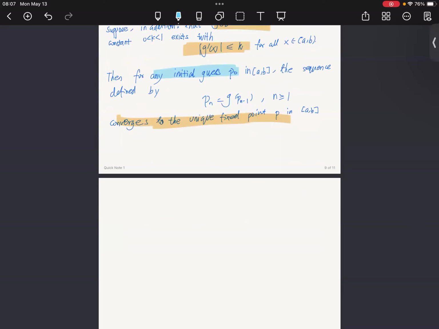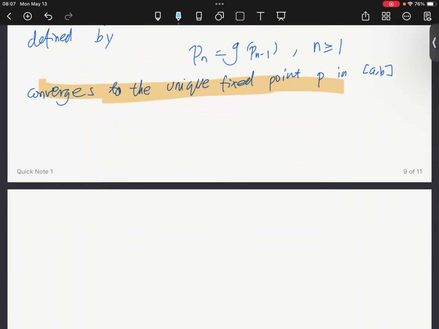Now I'm going to show you the proof for this theorem because it's quite interesting. You have already seen this in the final exams of 104B, if you are taking 104B with me.